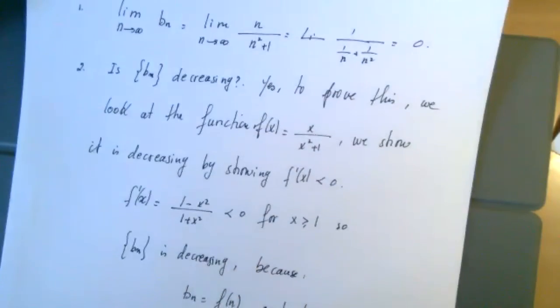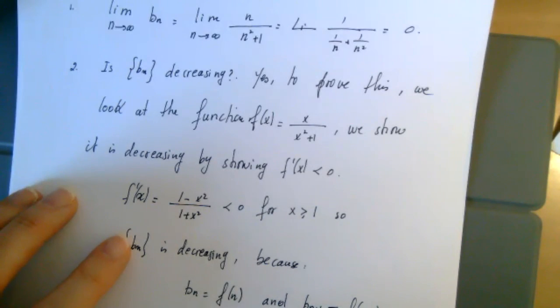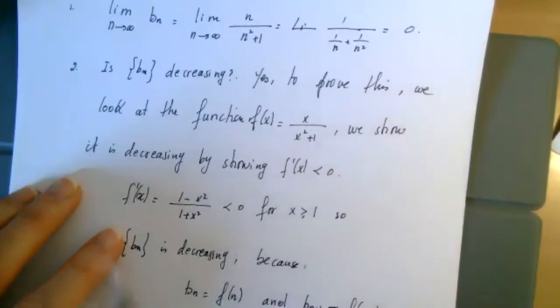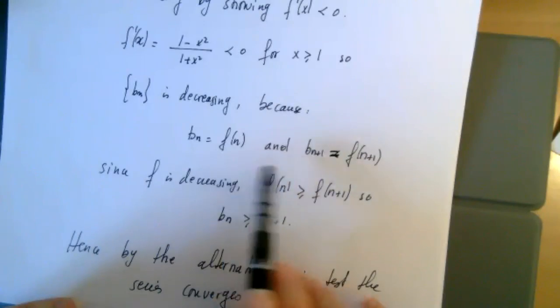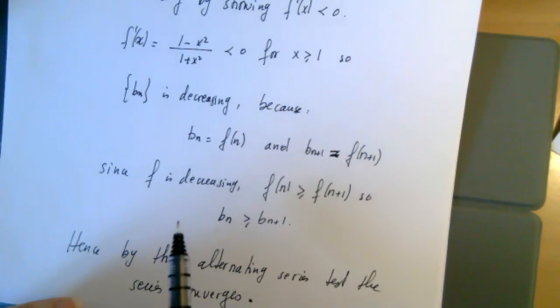Exactly, that's what we're going to do. We take the derivative and find 1 minus x squared over (1 plus x squared) squared. But I'm only interested in large values of x, not when x is small. So if x is bigger than 1, this is going to be negative. So now Bn is decreasing, because Bn is f of n and Bn plus 1 is f of n plus 1.